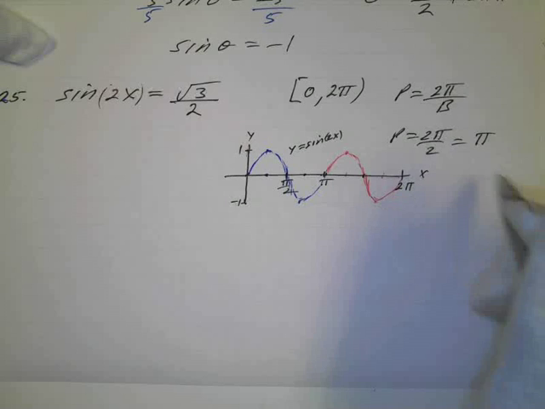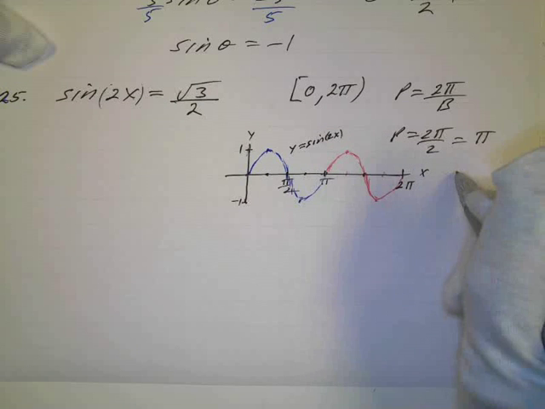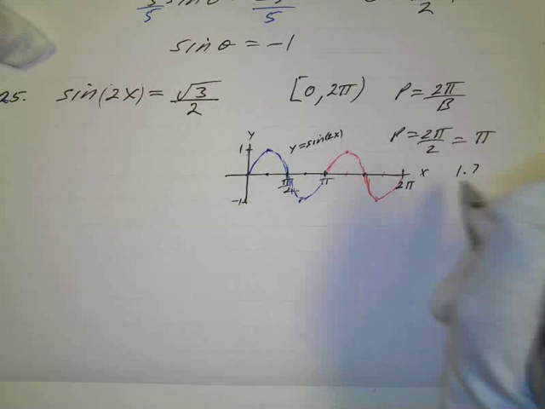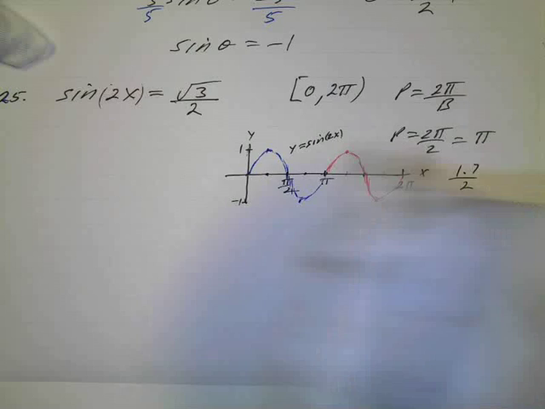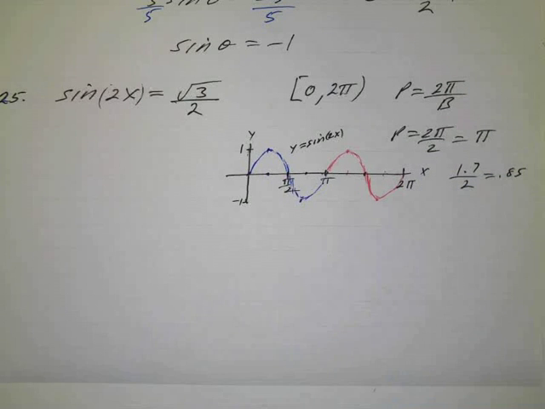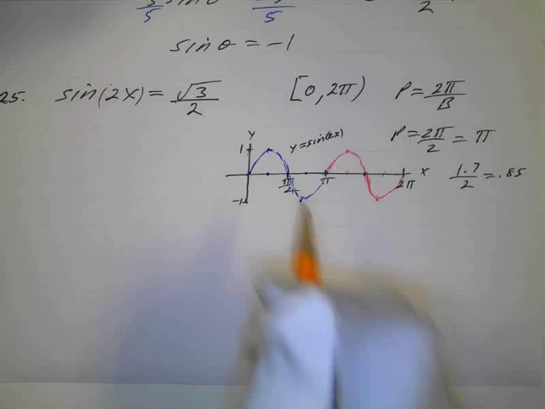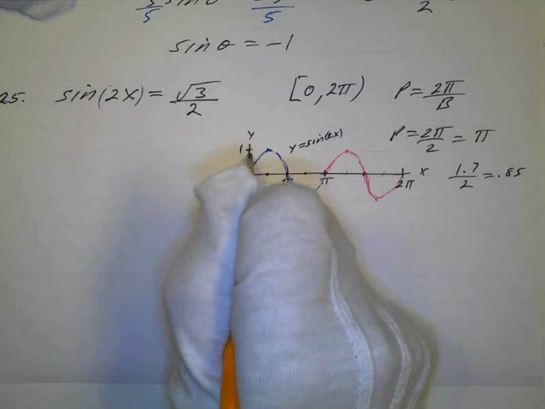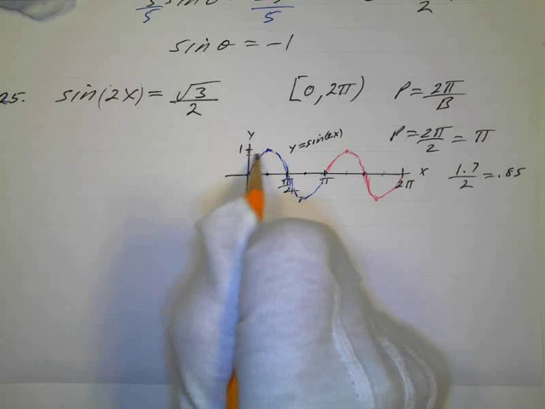Now remember, the square root of 3, we talked about this in class. A good approximation for the square root of 3 is about 1.7. And then if you divide that by 2, that's going to be 0.85. So we can say that we're looking for the value here when it's about 0.85, which is about there.